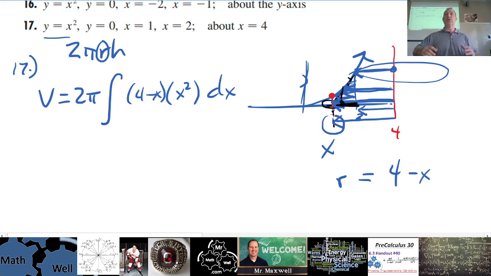So those cylindrical shells, as far as the x direction, are going to go from x equals 1 to x equals 2. So x is going to change from 1 to 2, so that the radius changes from 4 minus 1 to 4 minus 2. Okay? Tricky. That's tricky. So we're still going to go from 1 to 2 here.